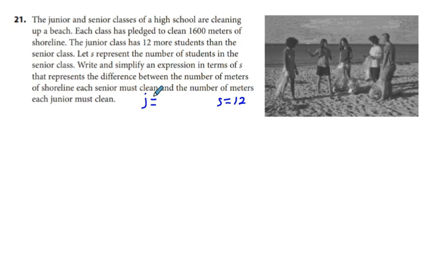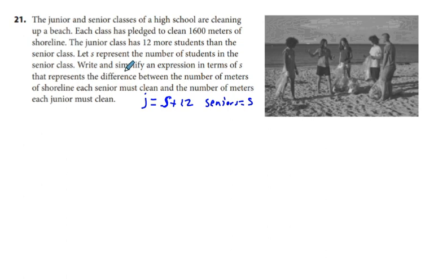So junior equals S plus 12, right? And seniors, we don't know what it is. Well, seniors equal S, right? Seniors equal S. Juniors equal S plus 12.